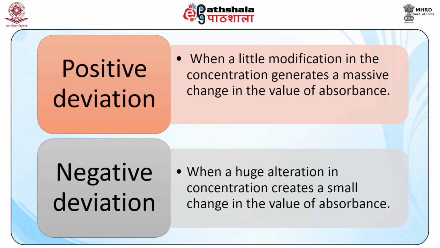The first is the positive deviation: when a little modification in the concentration generates a massive change in the value of absorbance, we get a positive deviation. The second is the negative deviation: when a huge alteration in concentration creates a small change in the value of absorbance, this gives a negative deviation.